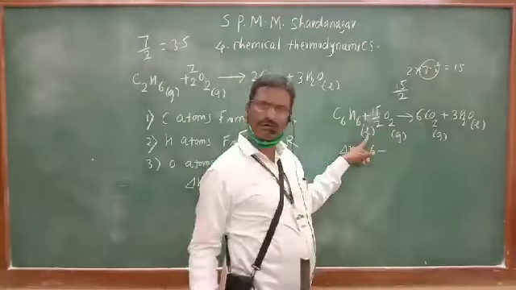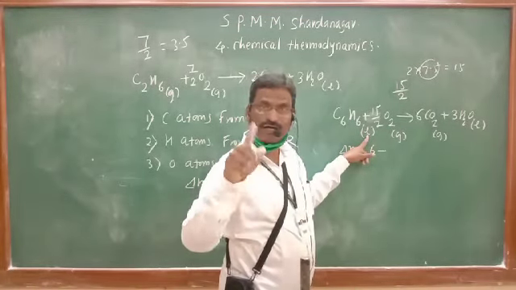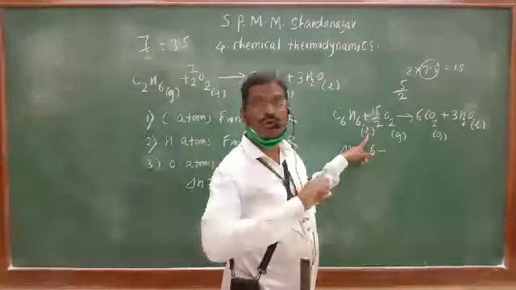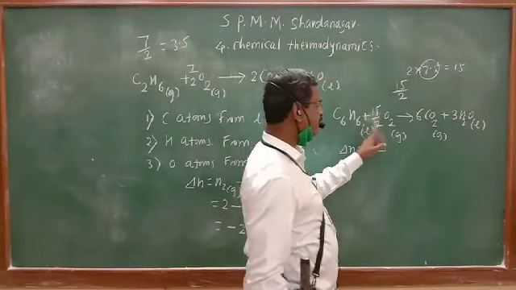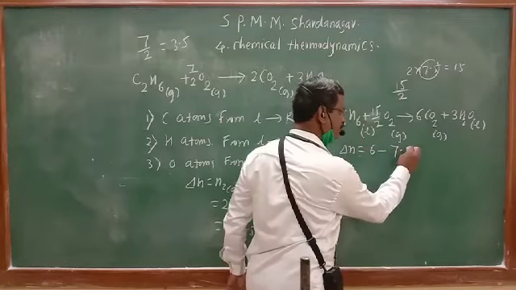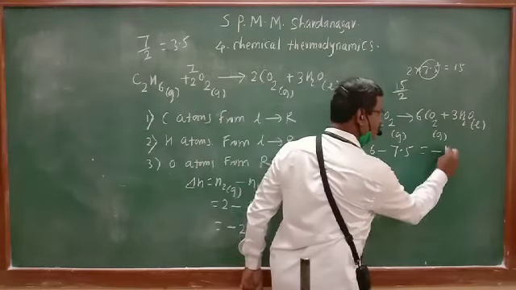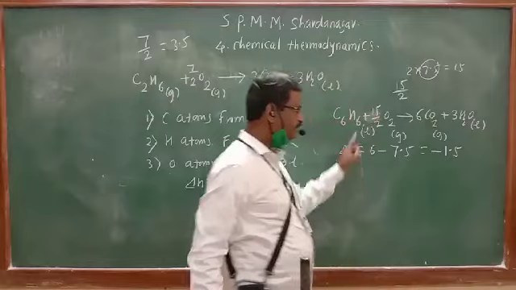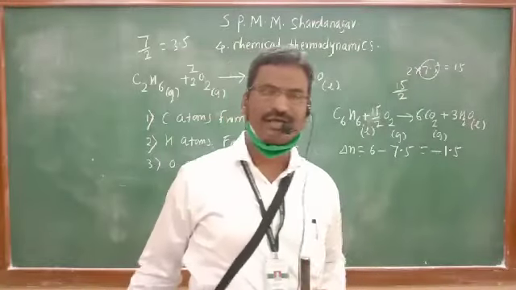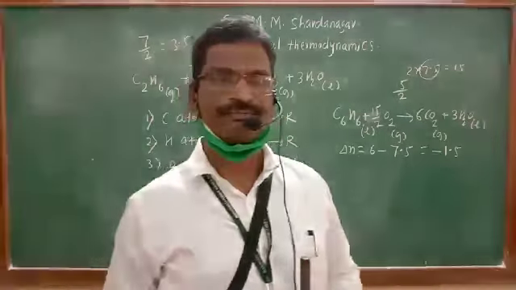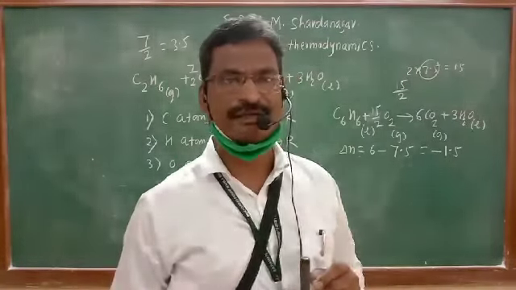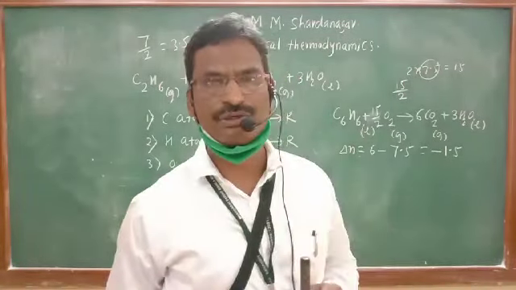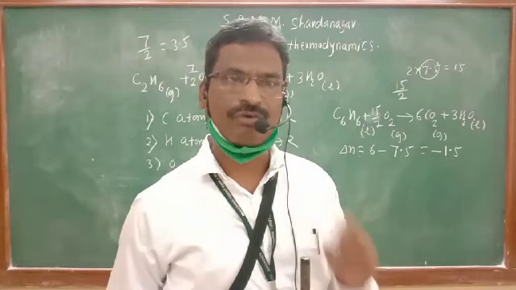If gaseous is given, we have to consider it, but liquid is given, so don't consider the liquid state. 6 minus 15 by 2, which means 7.5, therefore minus 1.5. This is how change in number of moles can be calculated for any chemical reaction, and that is to be substituted while solving the problems.